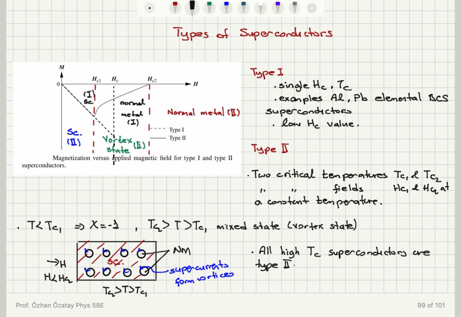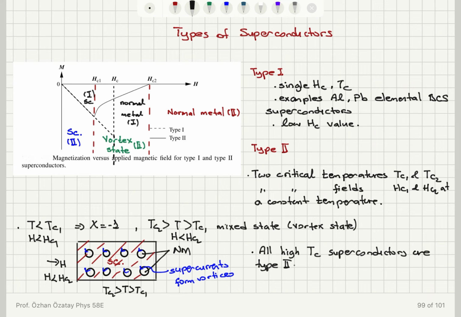This perfect diamagnet state, the pure superconducting state, is for temperatures below TC1 and field below HC1. When we have the temperature in between TC1 and TC2 and the field is less than HC2, we're going to have a mixed state, which is called a vortex state, because we have regions of normal metal inside the material.